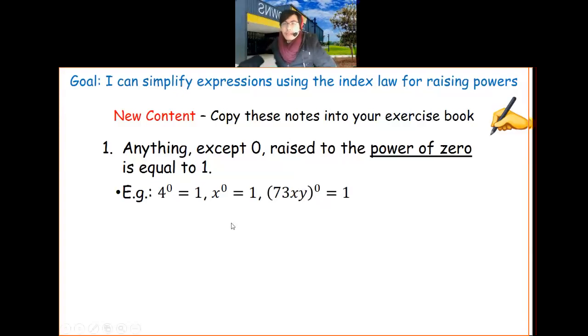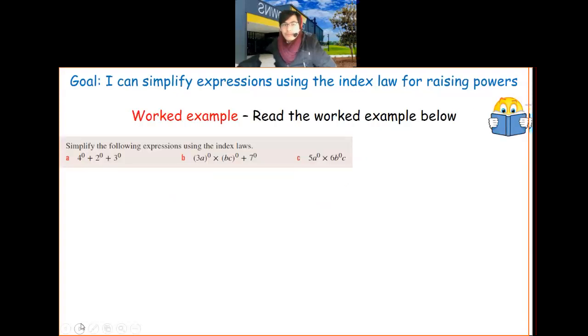Okay, so again, anything raised to the power of 0 is equal to 1. So let's try some examples here. First, we have 4 to the power of 0 plus 2 to the power of 0 plus 3 to the power of 0.